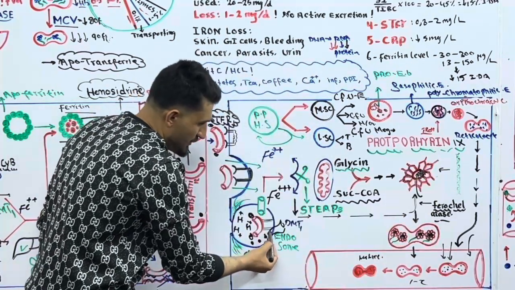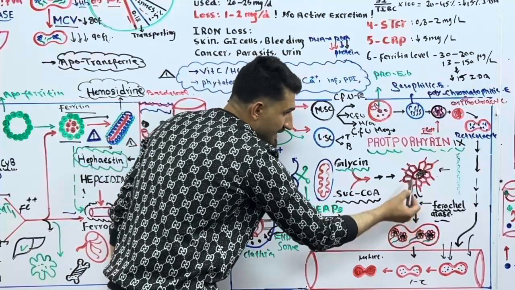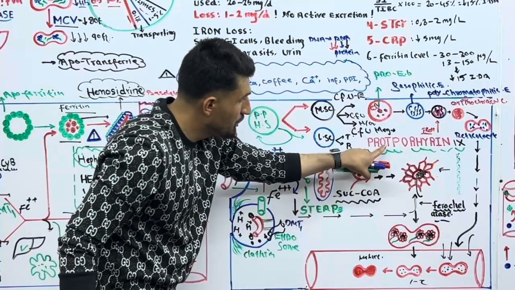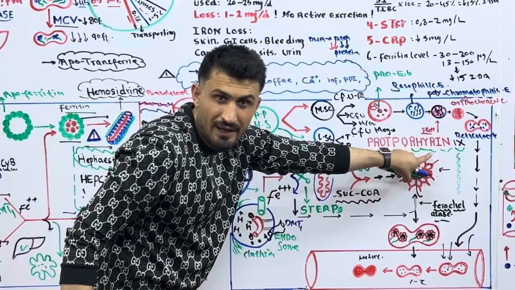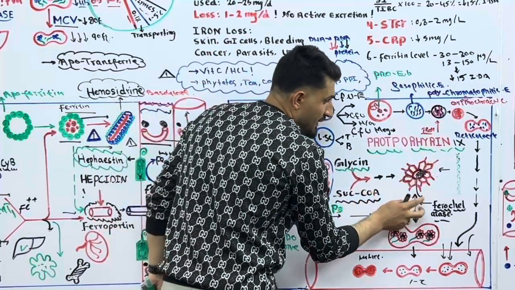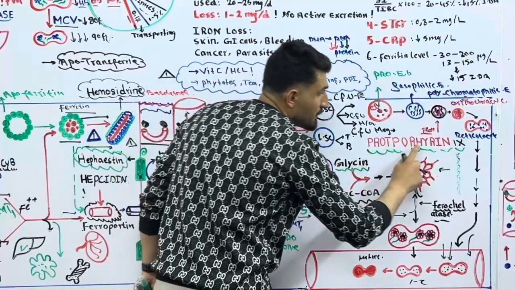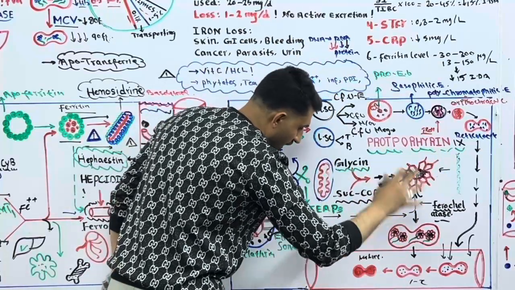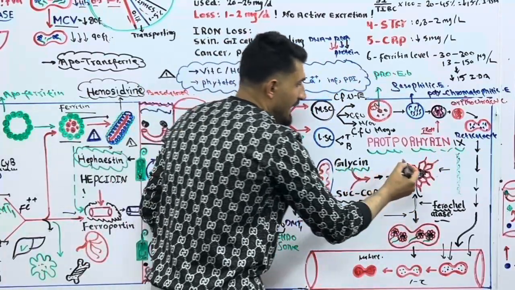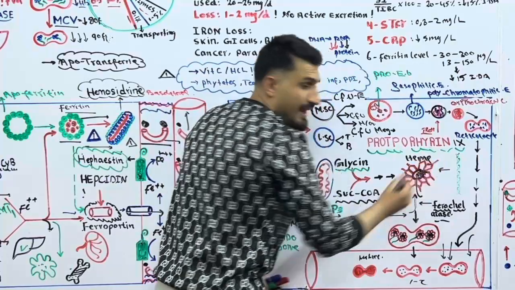I said to you before that we need iron here. It adds iron onto protoporphyrin 9, and collectively, iron plus protoporphyrin 9, both of them are called heme.